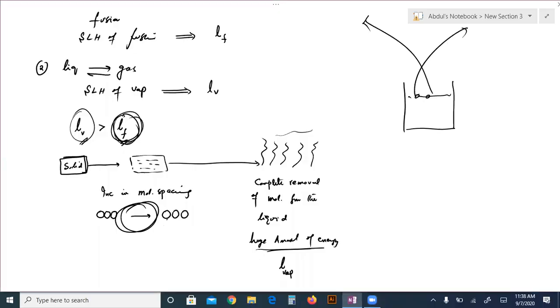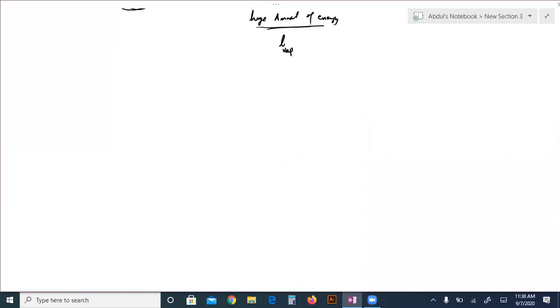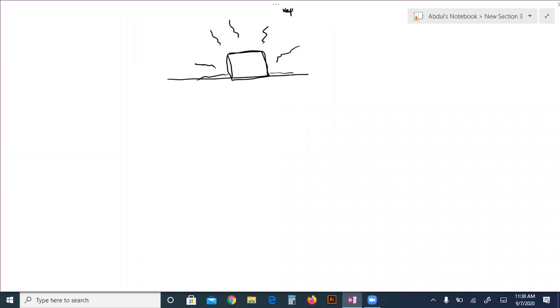Now suppose we take an ice cube. This is the surface of the table, and this is the ice cube, and it's melting. So it means energy is absorbed from the surrounding. But when it is placed inside the beaker and an external source of heat is used, the energy from the heater is current, voltage, and time.